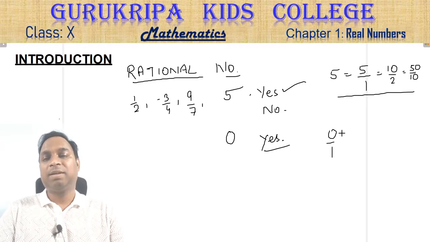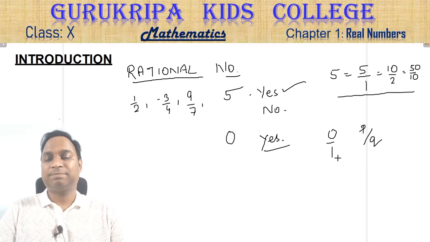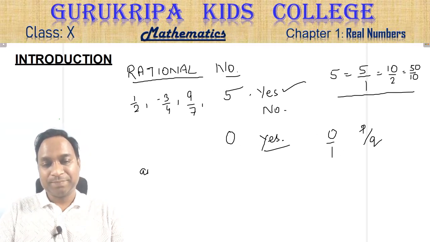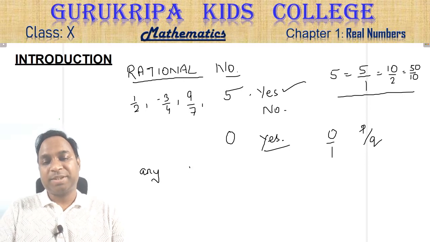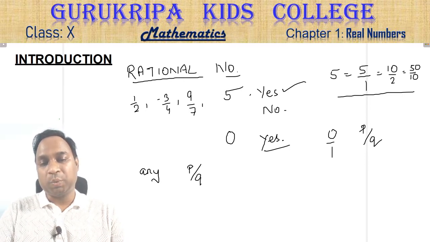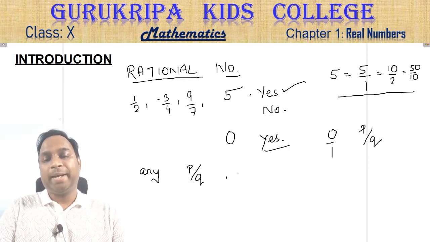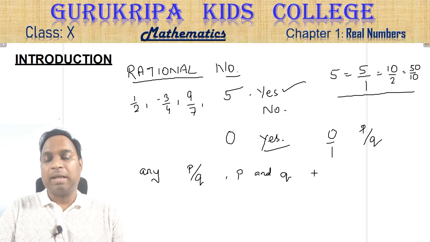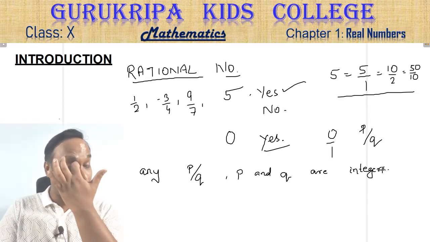We have the P by Q form, P divided by Q. So any number that can be expressed in the form P divided by Q, where P and Q are integers, is called a rational number.